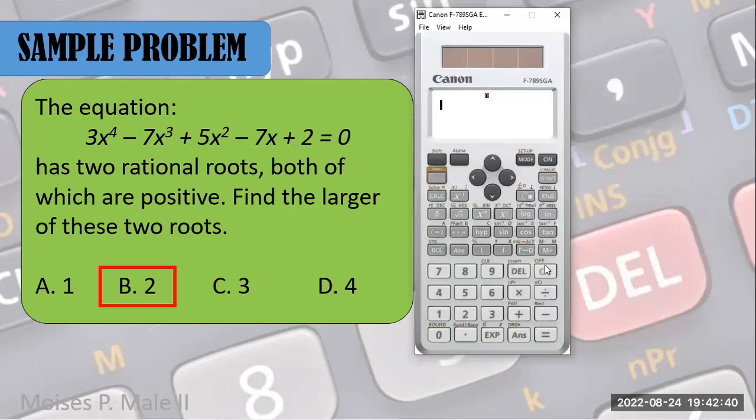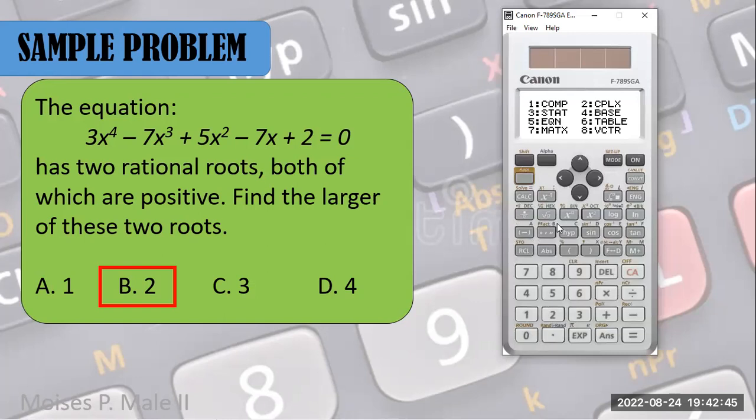Fortunately, on the CANON, we have an equation solver for quartic equations, with four unknowns. Just input the values of the coefficients and constant: 3, negative 7, 5, negative 7, 2.